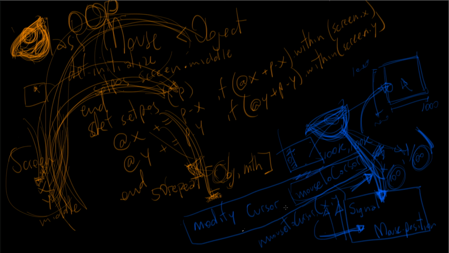So modify cursor is the call. I'm not making the case here at all, making this more confusing. So modify cursor, and then it would take the delta that you're given here, right? Which is not a delta, it's a position. So it's given the position that the signal gives. The signal gives out a mouse position, right? And you're saying, feed that position to mouse to cursor.